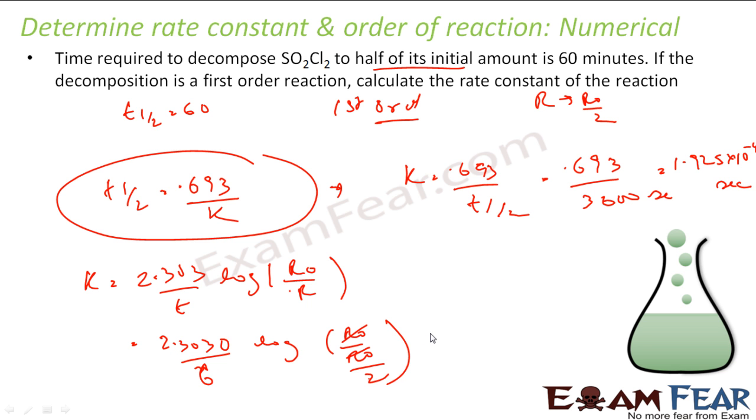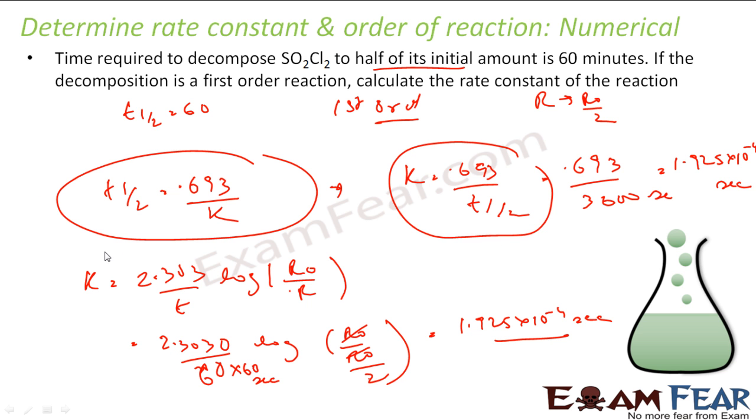You get the same value. This is 60 minutes, convert into seconds, and you'll get the same value. So if you don't remember this formula, it's okay. Just remember this golden formula.